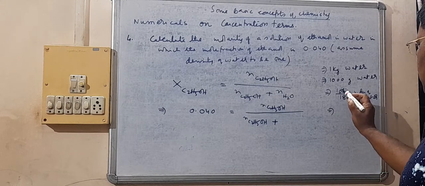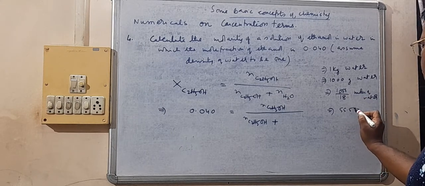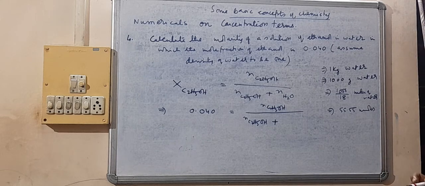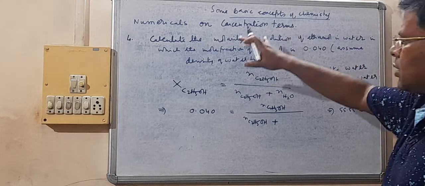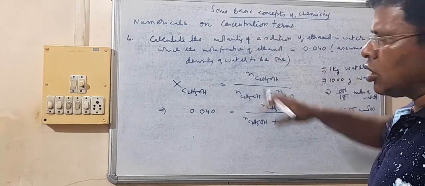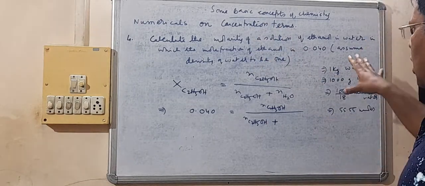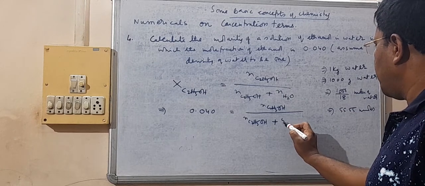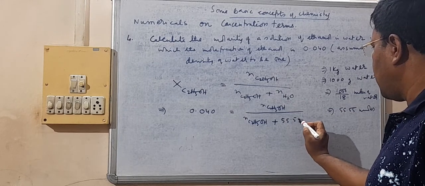That means if you divide, you get 55.55 moles of water. So we have considered solution to be having 1 kg of water, so moles of water will be 55.55.